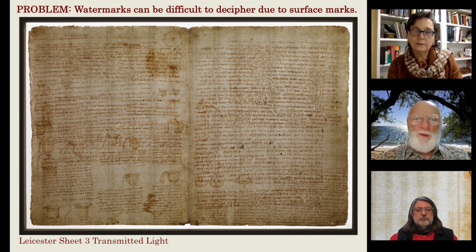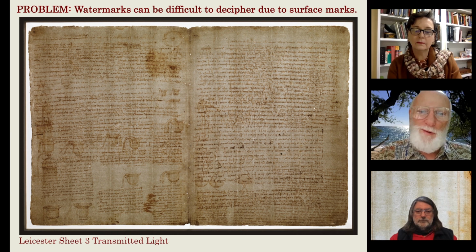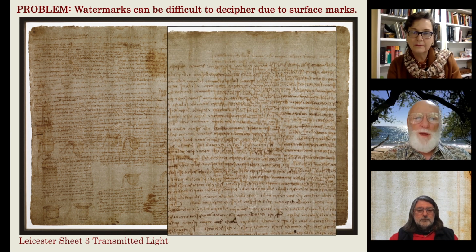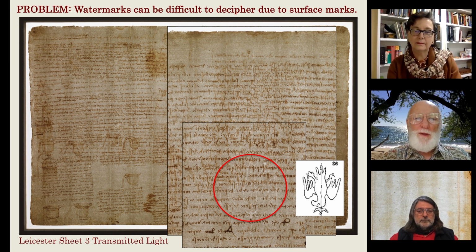But I can tell you that the watermark is on the right-hand side, as you'll see in the next slide. We have the expanded version of the right-hand side, and then it's blown up a little bit more, and you still can't really see it. So we put a red circle around the eagle, and its upside-down sketch is just to its right.